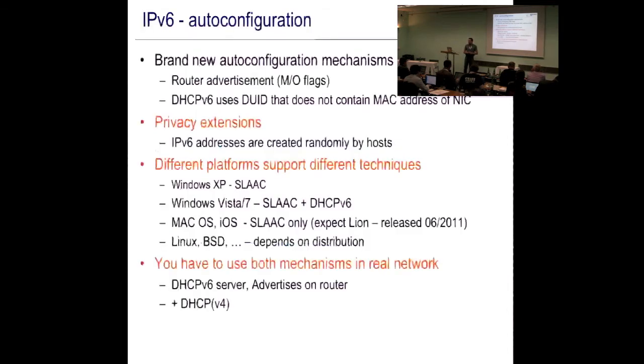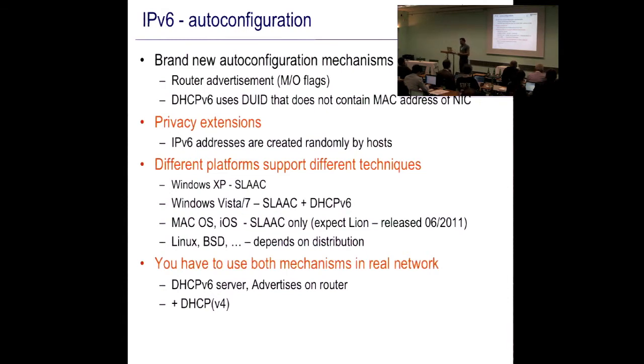This presentation will be about new issues that we have in the IPv6 world related to user identification in the network. What is new in IPv6? In IPv4, we had a very simple situation because usually one IP address means one user, one computer, and any tracking of this data was pretty easy.